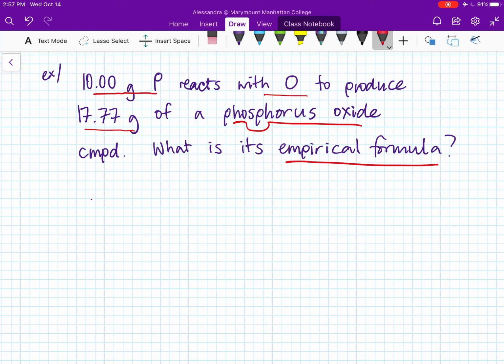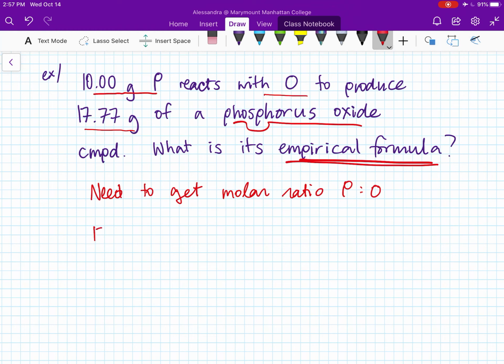We need to determine how much oxygen because we need to figure out the molar ratio of phosphorus to oxygen or oxygen to phosphorus, because that literally is what the empirical formula is. It's the whole number ratio of those two elements to each other.